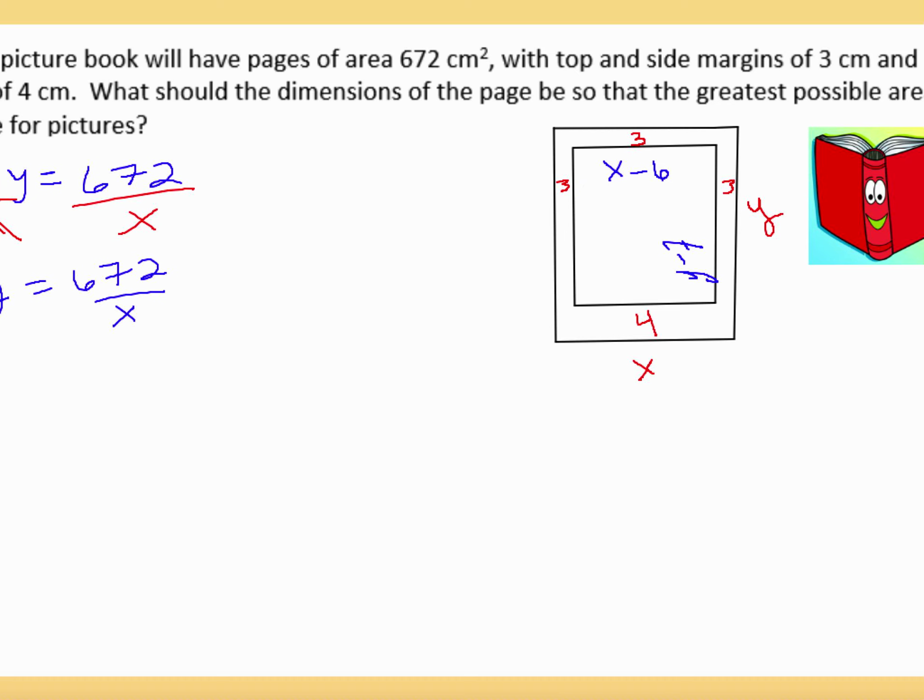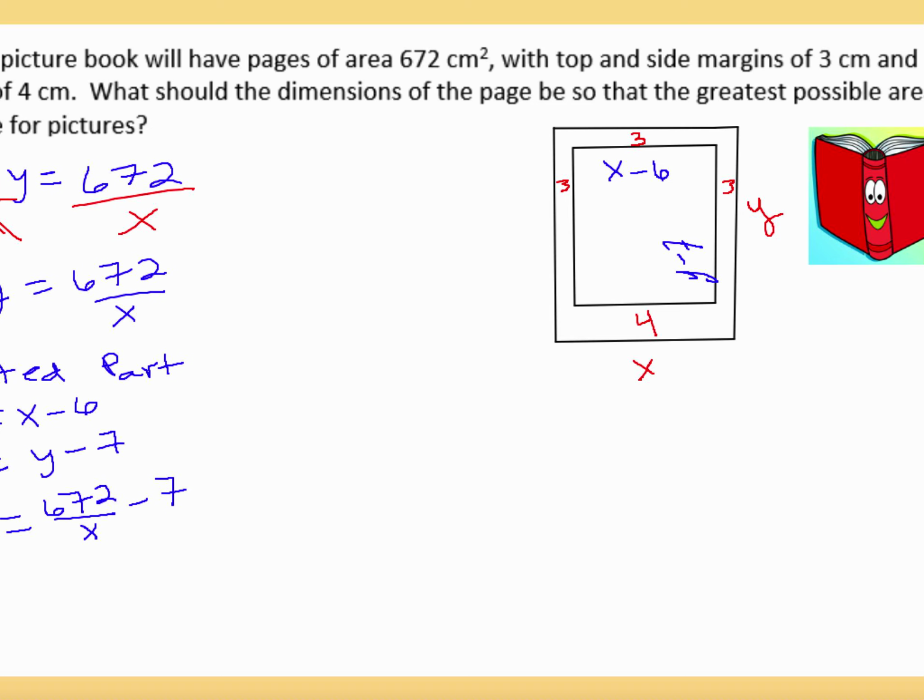So the printed part has a width of X minus 6 and a length of Y minus 7. We already figured that. But we also now know that Y is 672 divided by X, so that's really 672 divided by X, minus 7.